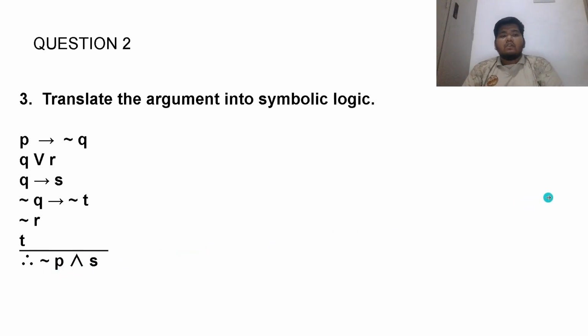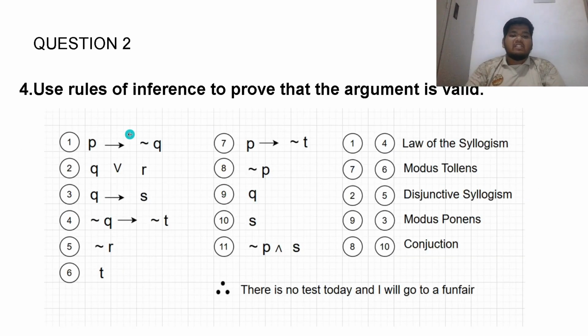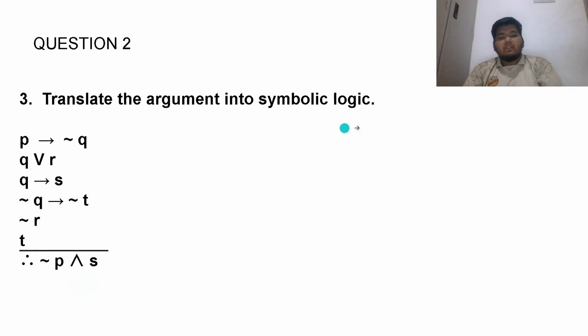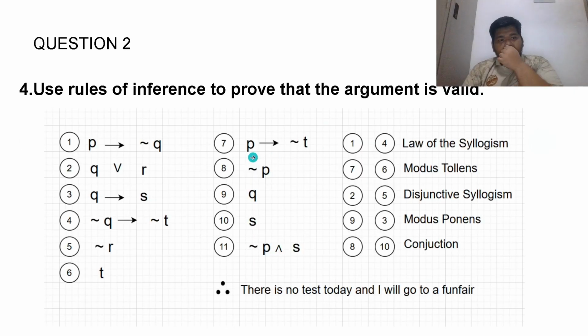Now for question 2 part 4, the last part of the question, we are going to be using rules of inference to prove that the argument is valid. Now, from the list of the arguments that we have transformed into symbolic logic, we will be using the rules of inference to find the conclusion.